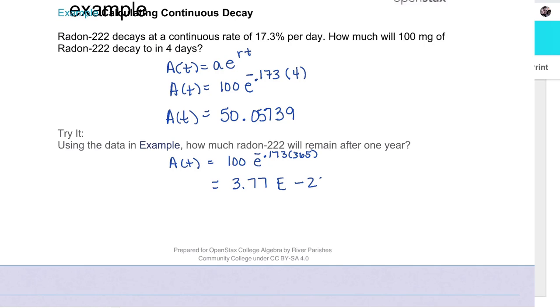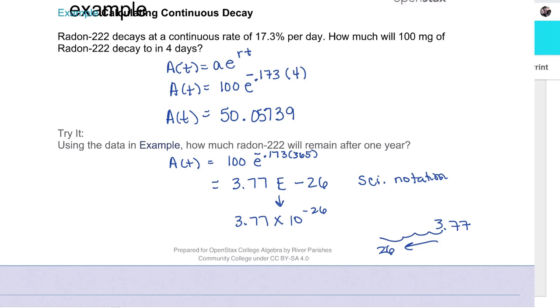And it looks like you get 3.77 e to the negative 26. This is scientific notation. So this is 3.77 times 10 to the negative 26, which means that basically you take this 3.77 and move the decimal over 26 times to the left.